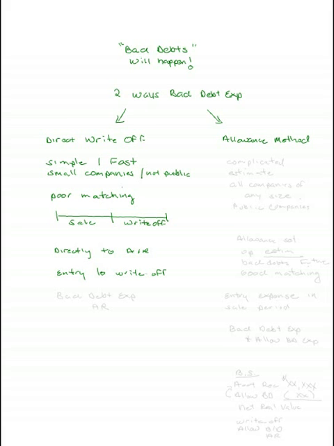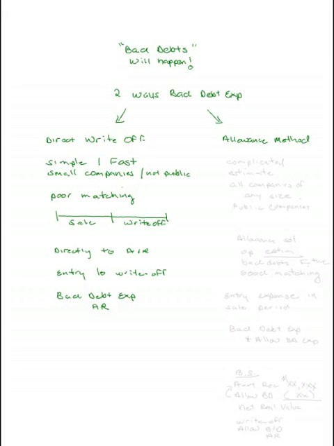You would debit bad debt expense, and like the name says, it goes directly there from accounts receivable, into bad debt. When you recognize that this probably happens in a period after the sale was recorded, you can see that it in fact has very poor matching. It is allowed for small companies, not public.